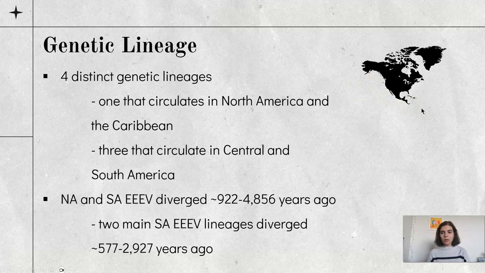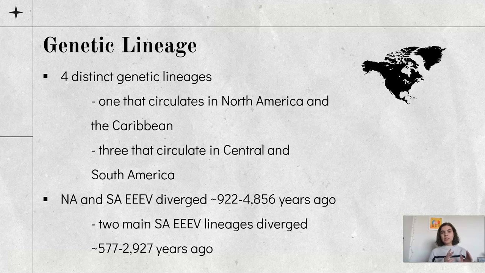So some interesting information on the genetic lineage of the Eastern equine encephalitis virus. There's actually 4 distinct genetic lineages, only one that circulates in North America and the Caribbean, and then 3 that circulate in Central and South America. So the North American and South American EEEV diverged about 922 to 4,856 years ago, whereas the 2 main South American Eastern equine encephalitis virus lineages diverged about 577 to 2,927 years ago.